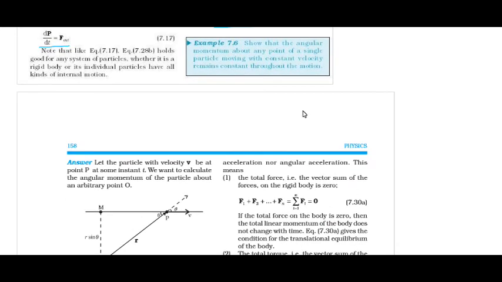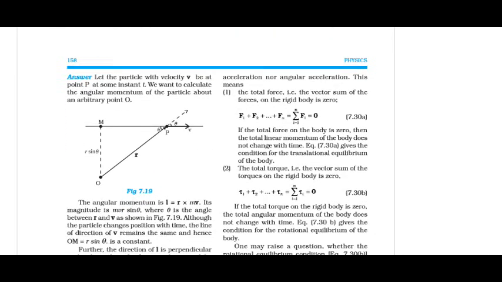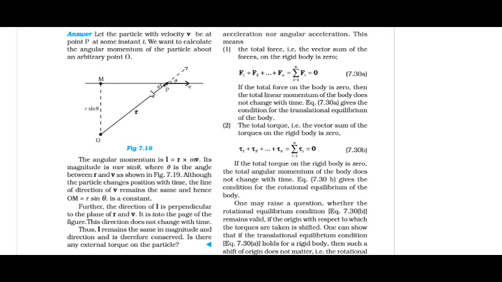So this is one of the important questions which can be asked to prove in your school exams. Let the particle with velocity v be at point P at some instant t.